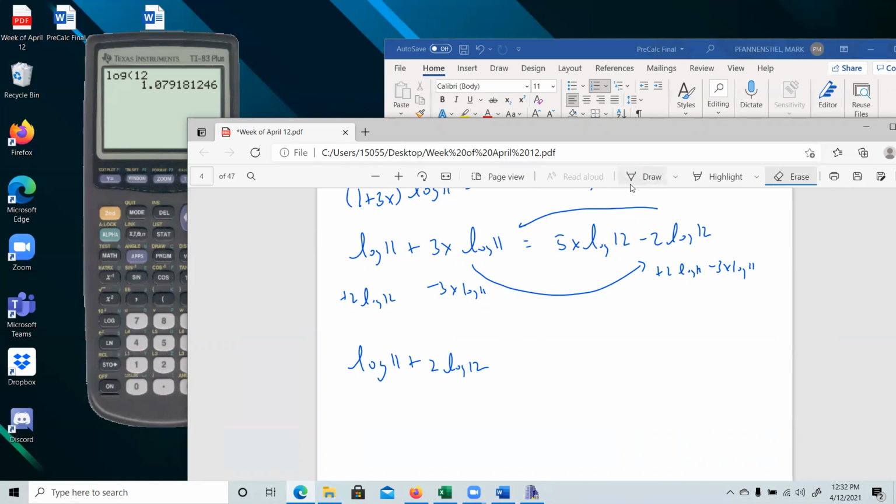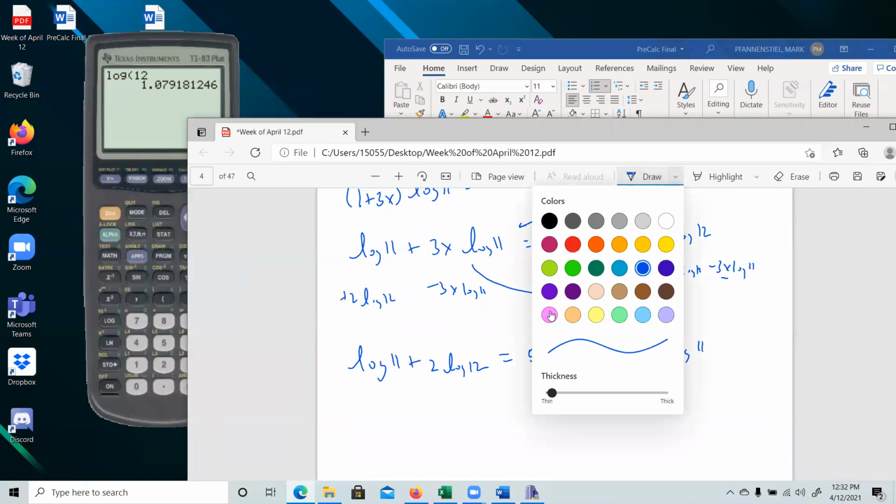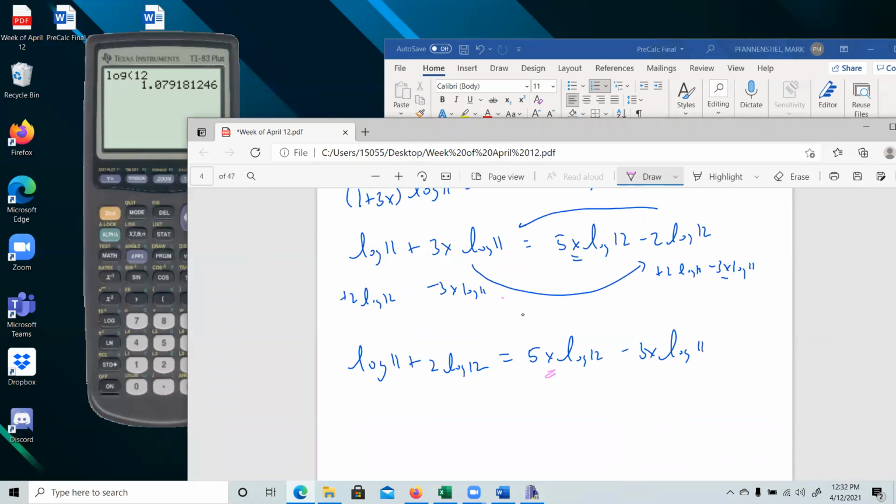All right. And that is all equal to 5x log 12 minus 3x log 11. Notice that x is common to both of these terms. We're going to factor out that x.